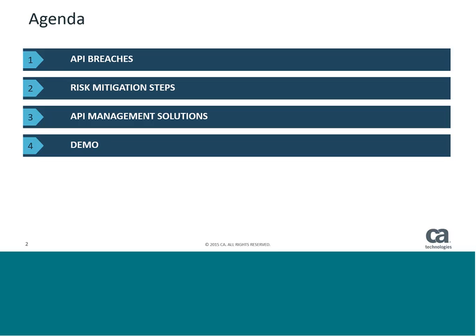Then we'll cover the different API management solutions that we have at CA that can help mitigate these kinds of risks. We'll follow it with a good section of the session for a demo, where Balaji will use our CA technology solutions to showcase the steps you can take to prevent such breaches from happening.